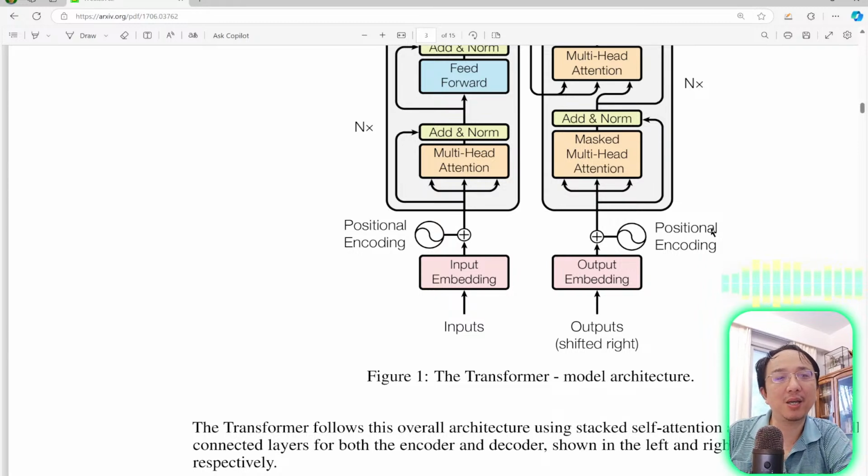Another way to do that is to use sine, cosine, trigonometric encoding.